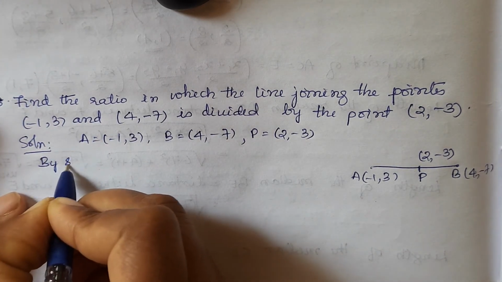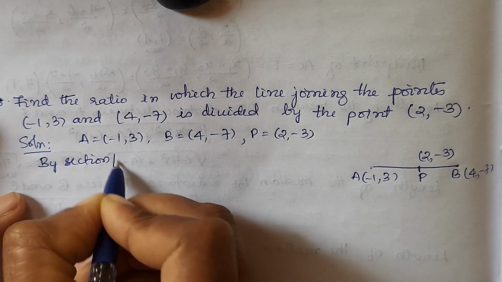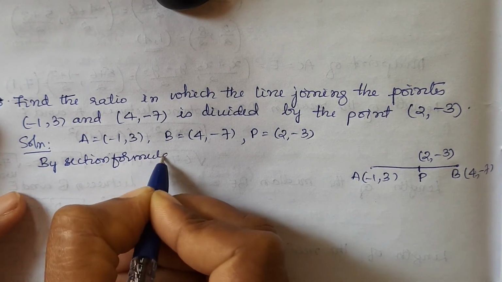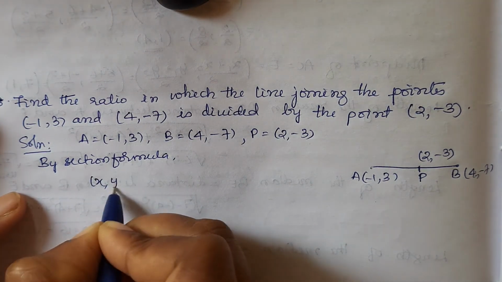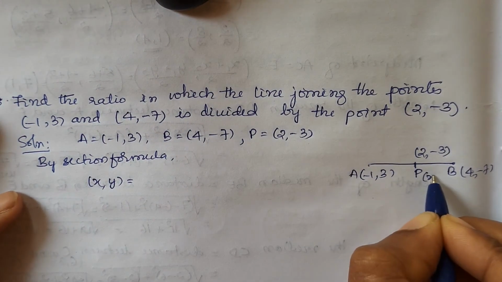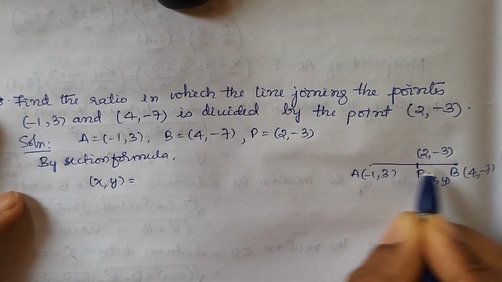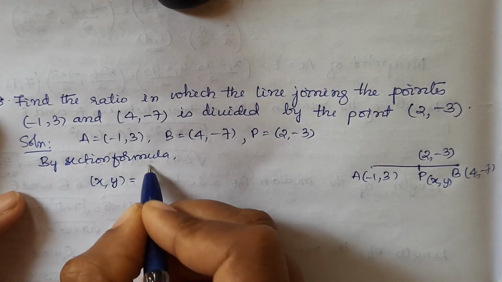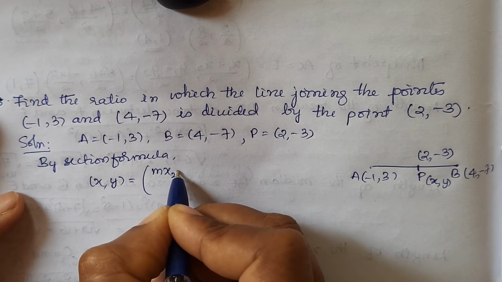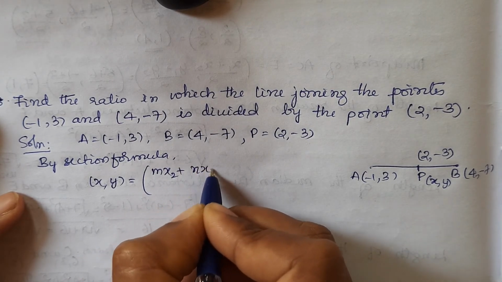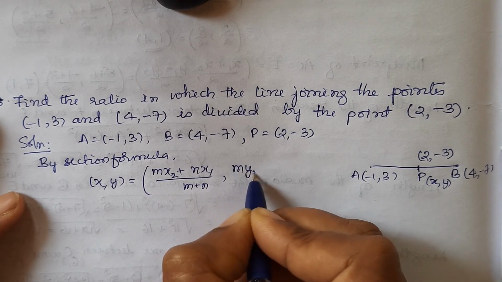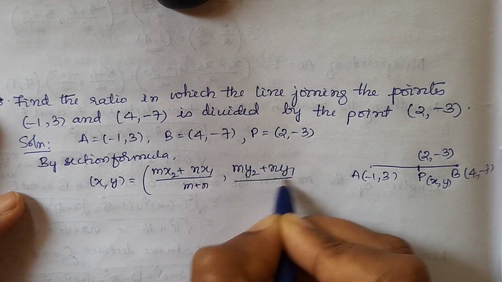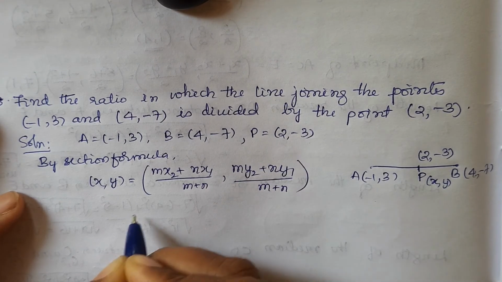By the section formula, the coordinates (x, y) of the point which divides the line joining A and B are (mx2 + nx1)/(m + n) and (my2 + ny1)/(m + n).